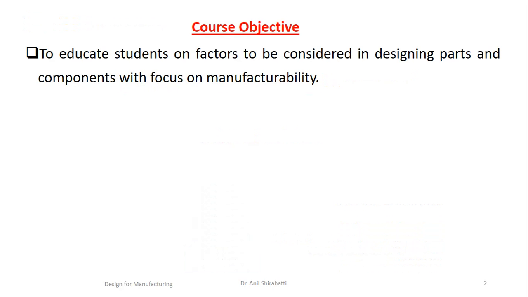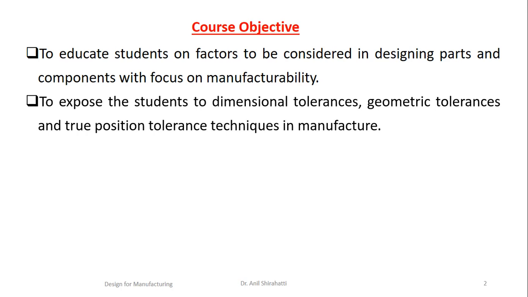So the objective of this course is to educate the students on the factors to be considered in designing parts and components with focus on manufacturability. Next, to expose the students to dimensional tolerances, geometrical tolerances, and true position tolerance techniques in manufacturing.